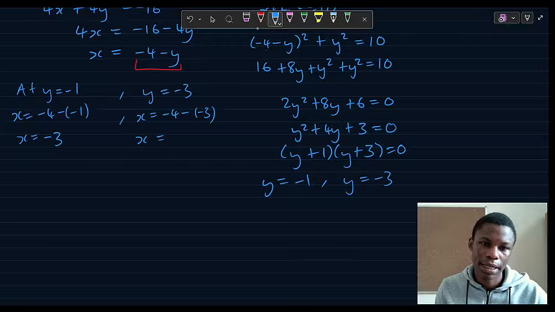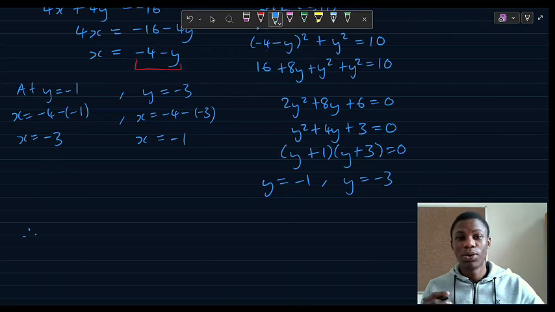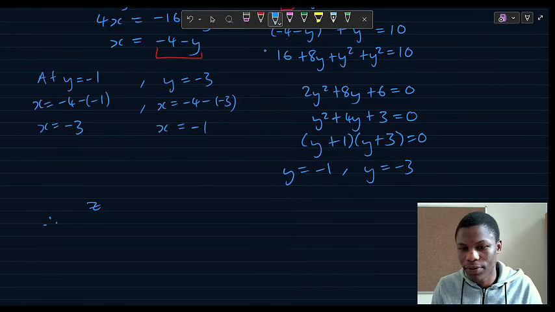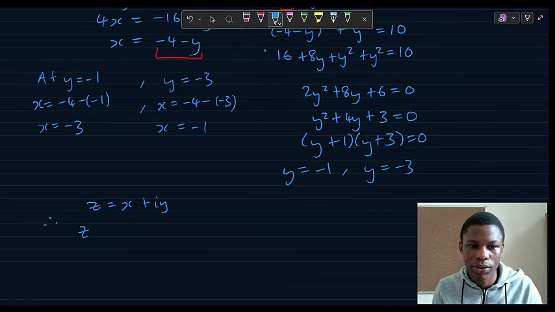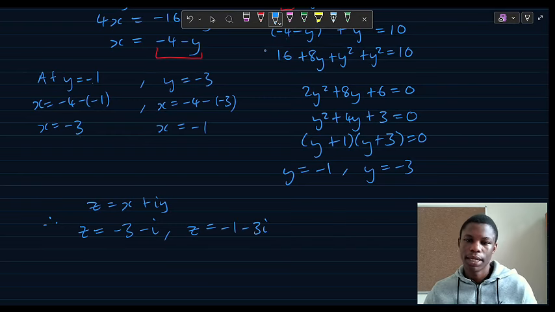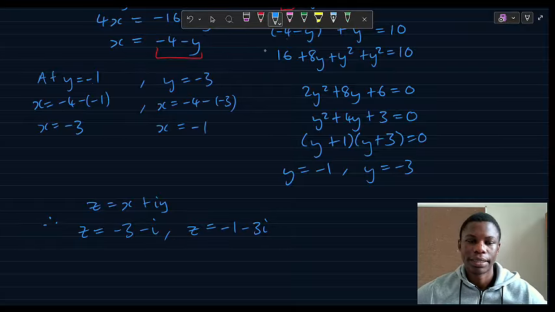So that's negative 4 plus 3, which is negative 1. So that was long. At the beginning, remember we said that z is of the form x plus iy. So that means z has to be equal to either negative 3 minus 1 times i, or z has to be equal to negative 1 minus 3i. And that will be our final answer.